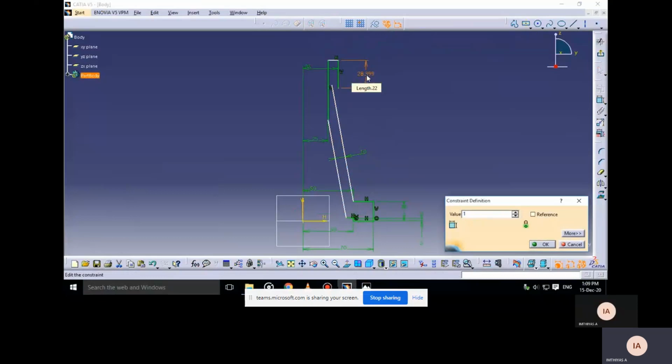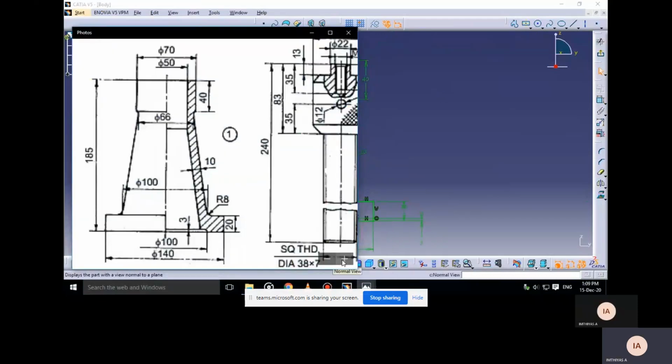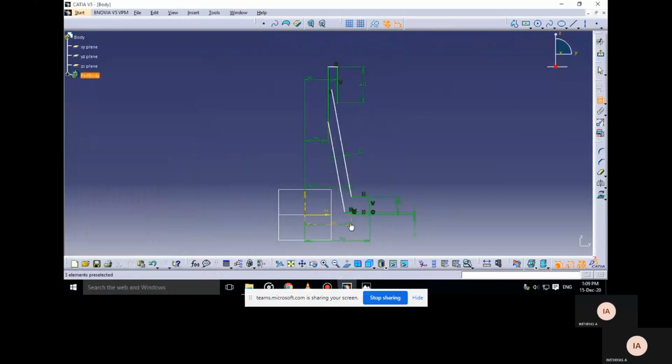It is 40 mm. So the total height is 185 mm.